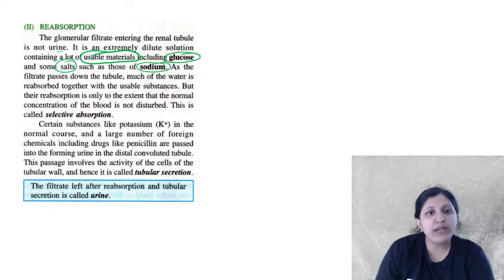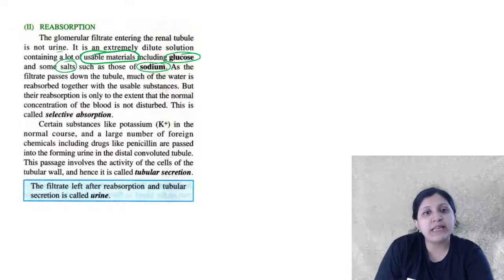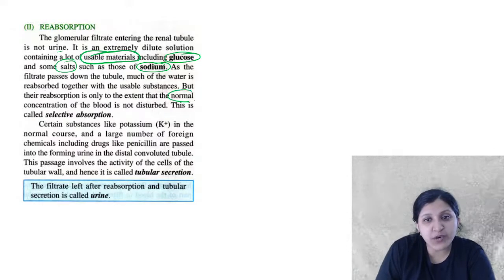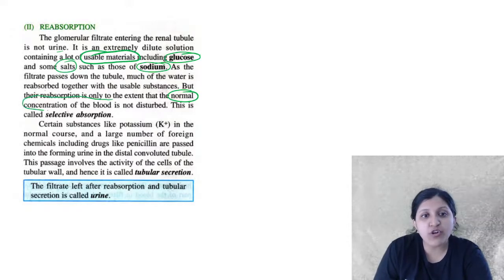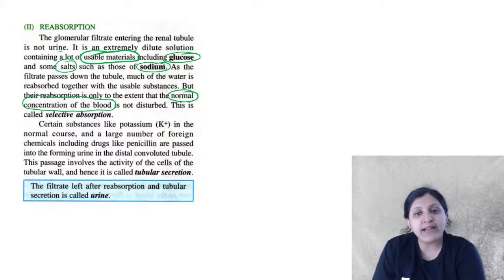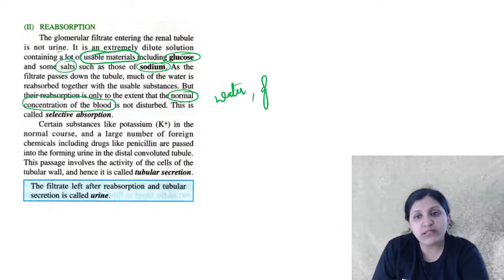The reabsorption we mentioned is only to an extent that the normal concentration of blood is not disturbed. Only to that extent the water is going to get absorbed, the glucose is going to get absorbed.